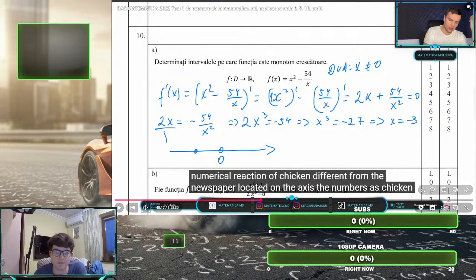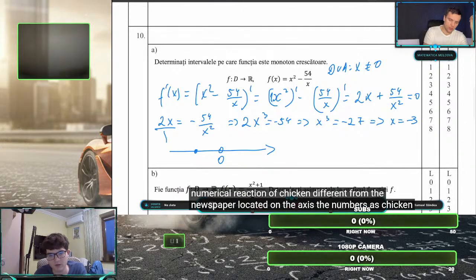Yeah, because a number can never be divided by 0, I think. You have f(x), and if you put 0 instead of x, it's going to be 54 divided by 0, so you cannot do that. Or maybe 0 cannot be divided by anything, not sure.